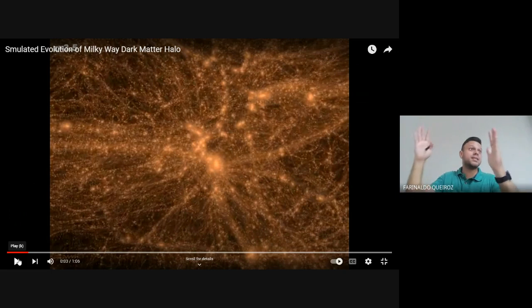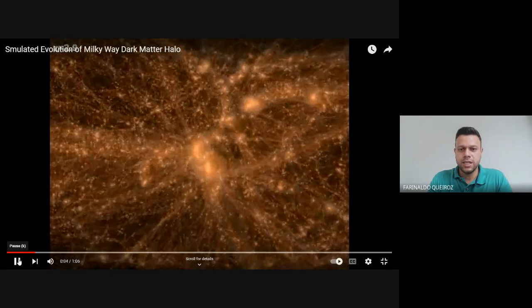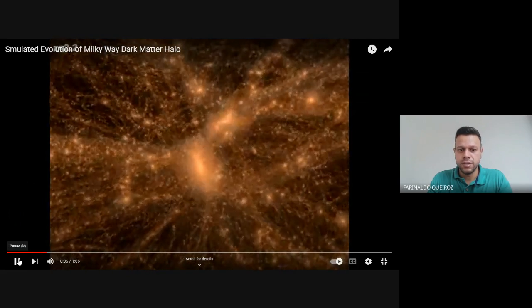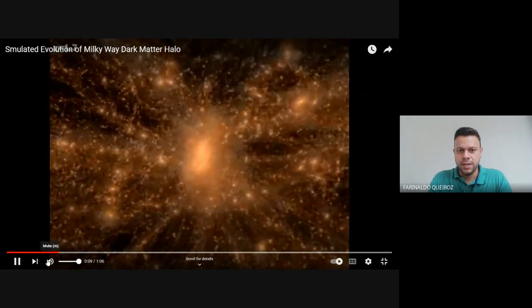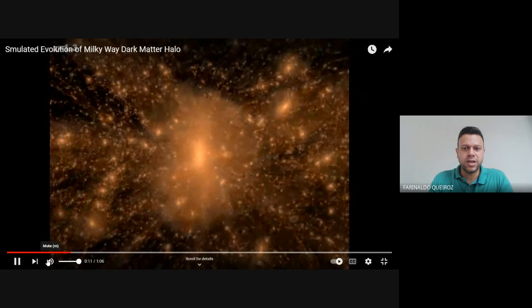The time it takes matches the age of the Milky Way. Obviously, they don't want to take millions of years, right? But it's somehow normalized. It matches the age of the Milky Way, and the two plots agree with each other, just by letting dark matter take place. And here's the condensation that will turn out to be the center of our galaxy.